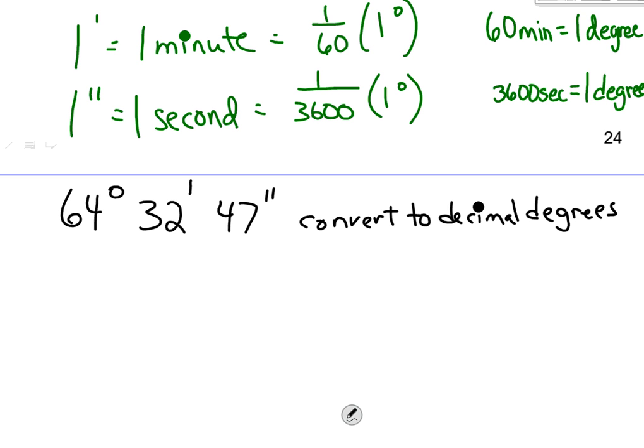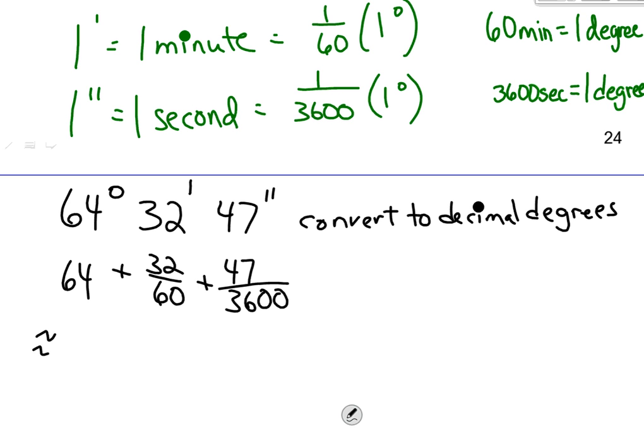The way that I do that is I take 64 as the whole number, plus 32 out of 60 of a degree, 32/60ths of a degree, and 47 over 3,600.